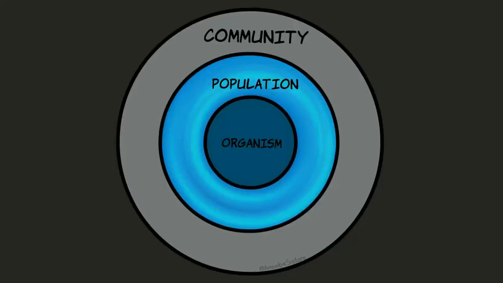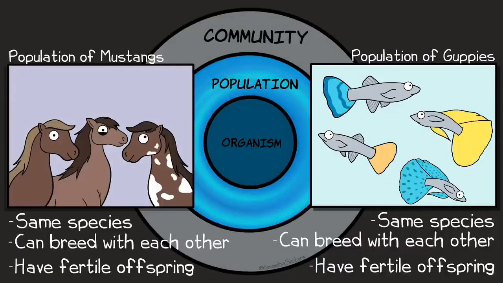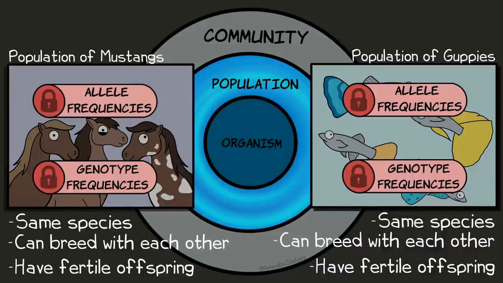A population is a group of organisms that are all the same species and can breed with each other and have fertile offspring. However, there can be variety within a population, but based on Hardy-Weinberg equilibrium, their allele and genotype frequencies would remain constant if no evolutionary force acts upon them.